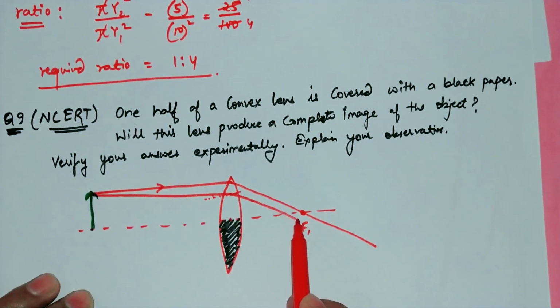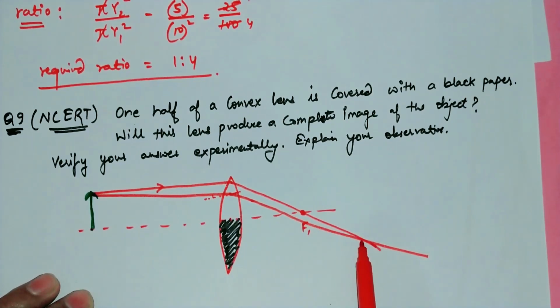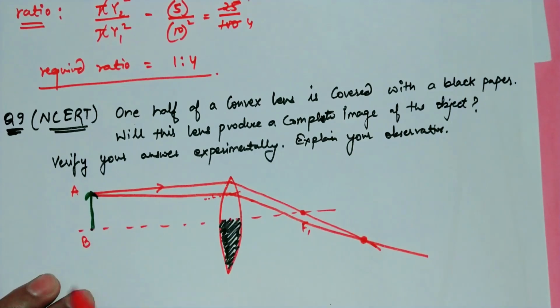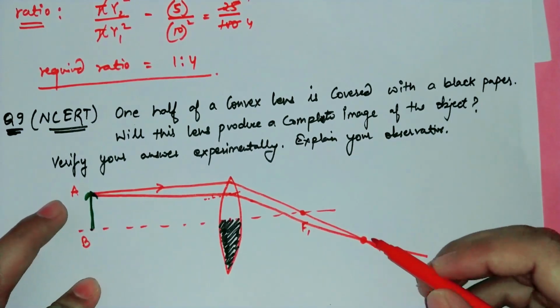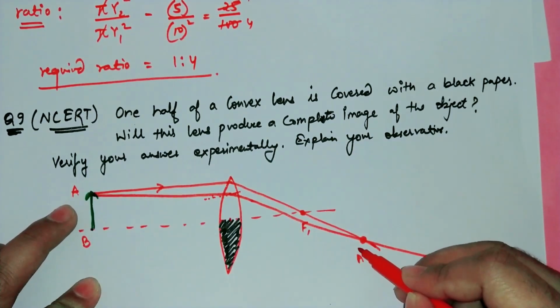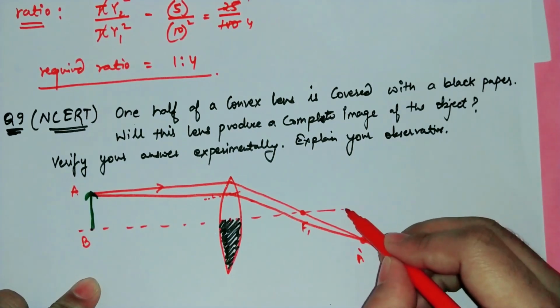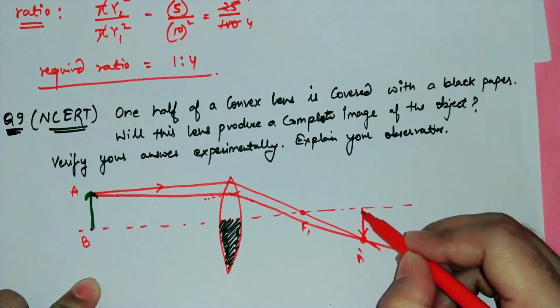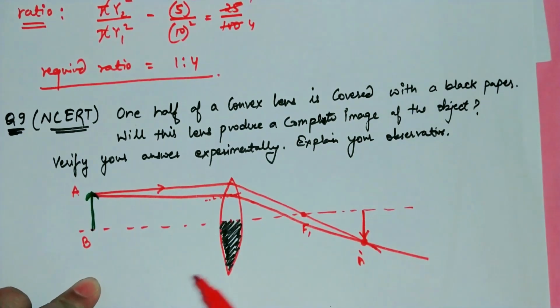So it will go like this. So here it is meeting. If this is A and this is B, the point where it is meeting should be A prime. This is our principal axis, and perpendicular to this will be our image. So even though half the portion of the lens is covered, our image will be formed.